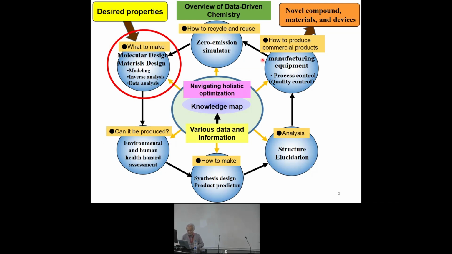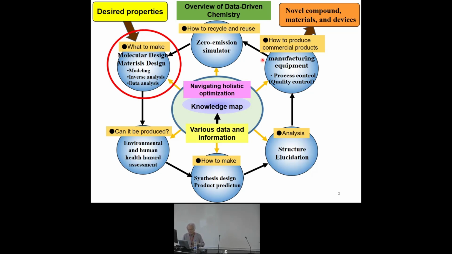And this part, the production process, is installed as how to produce commercial products. In a chemical plant, reaction, separation, and refinement are carried out. And in order to produce the product with the desired property, process control is important as quality control. Analysis is structuralization. So after providing a product to market, how to recycle and reuse is required.